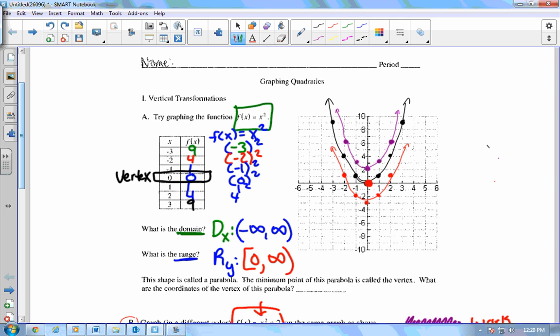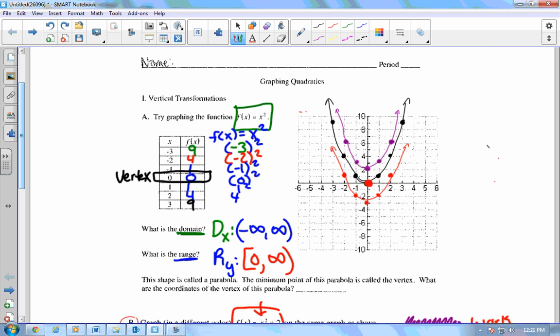How far to the left does this graph go, Maddie? Along the x-axis, how far left does this graph go? Forever. The infinity over there. This to the left would be negative infinity, and the domain here to the right would be positive infinity.